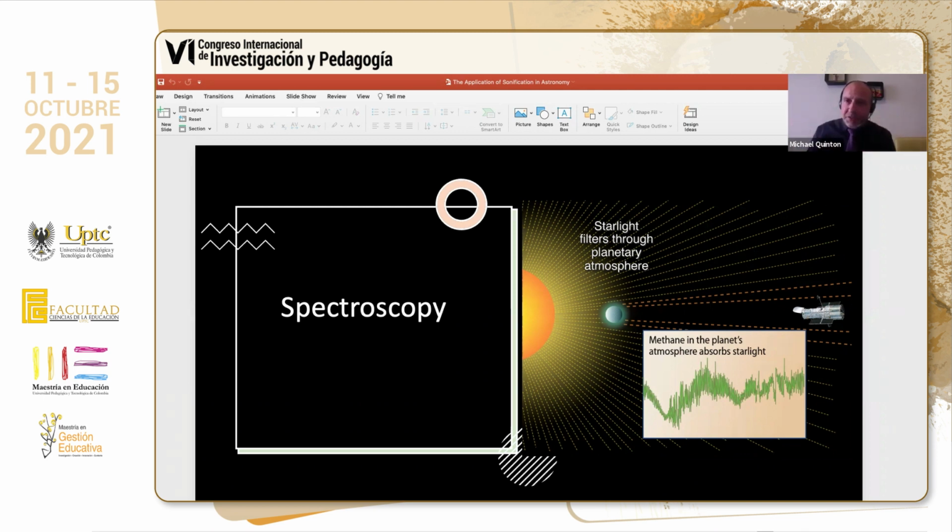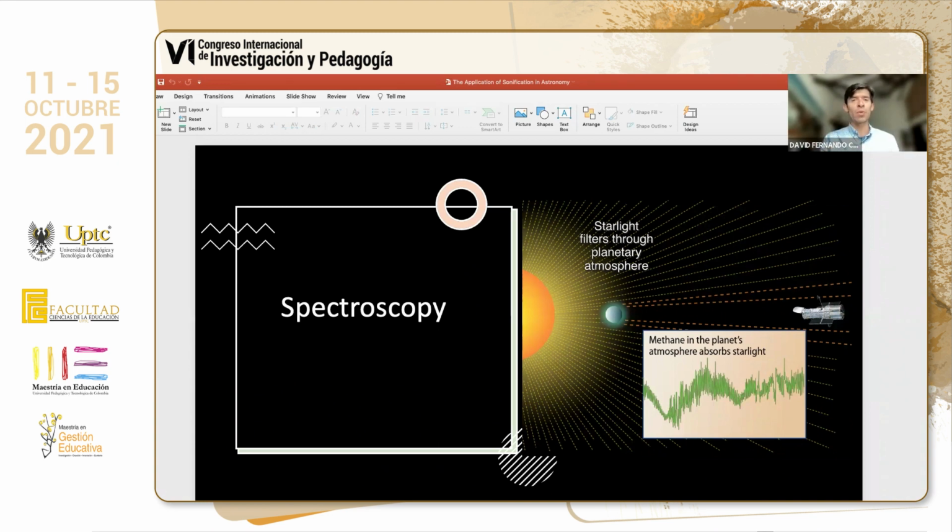And according to the level of absorption of the particular gas in that atmosphere, we are able to tell whether an atmosphere contains oxygen, hydrogen, helium, carbon dioxide, methane, nitrogen, and all the qualities that we find in our atmosphere.